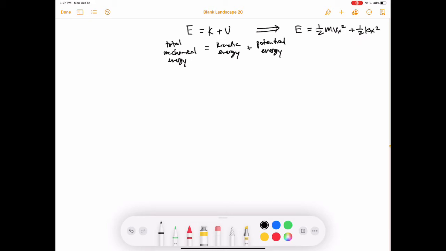And we'll recall that for x as a function of time, this is generally given by a times cosine omega t plus phi. And for v as a function of time, it's just the derivative of x with respect to time, which comes out to minus a times omega sine omega t plus phi.